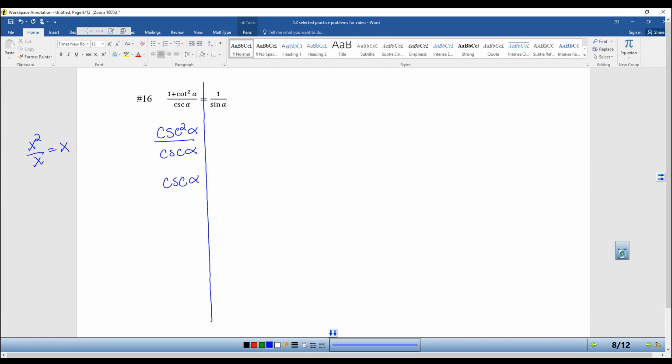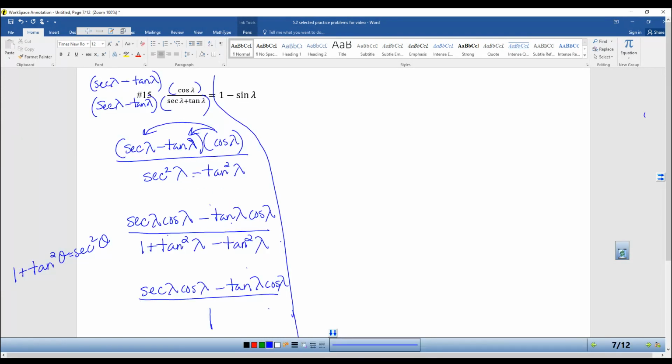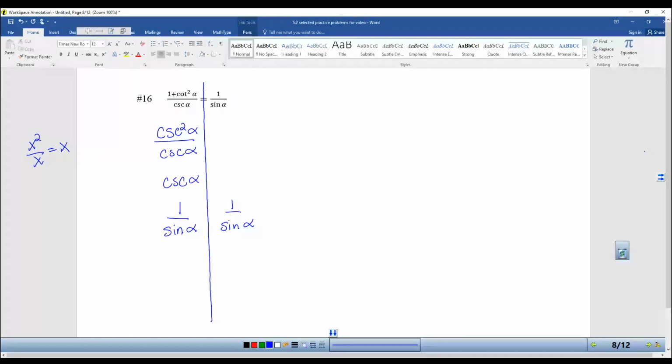And then we've got a nice straight up reciprocal identity. This is 1 over sine of alpha. I'm going to write it on the other side to give it some completion. But wow, compared to 15 and 14, that one was a piece of cake. So they don't always get progressively harder.